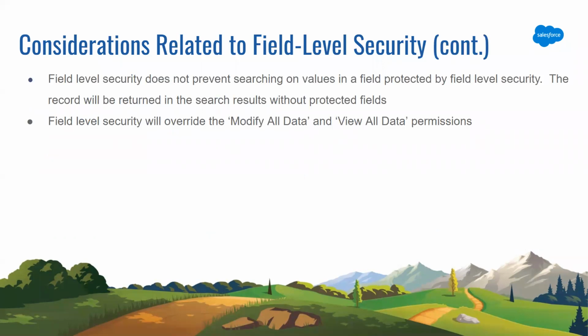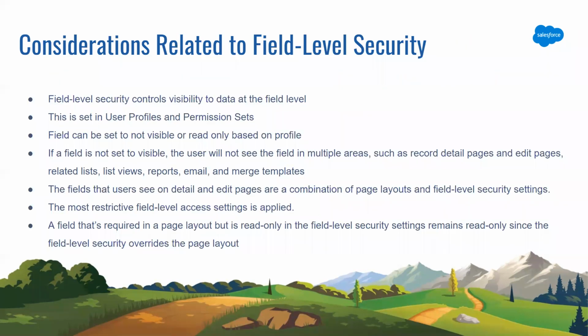And that was on the second bullet point. But the other thing to keep in mind with the field security is that it affects certain things like the record detail pages, list views, reports, etc. And it's also, I thought, important.